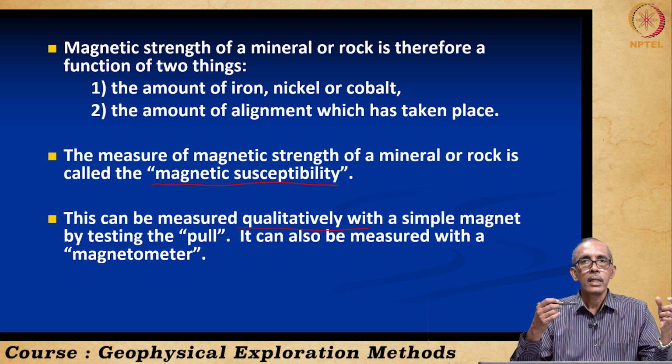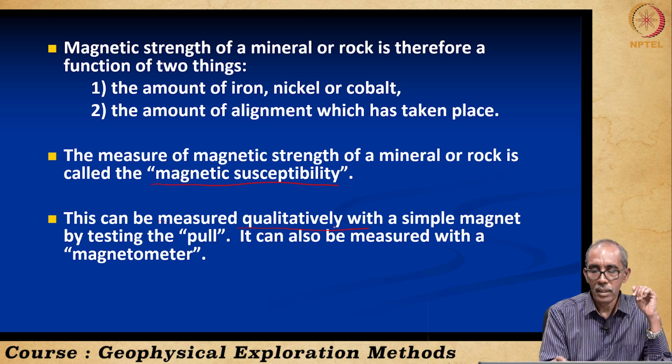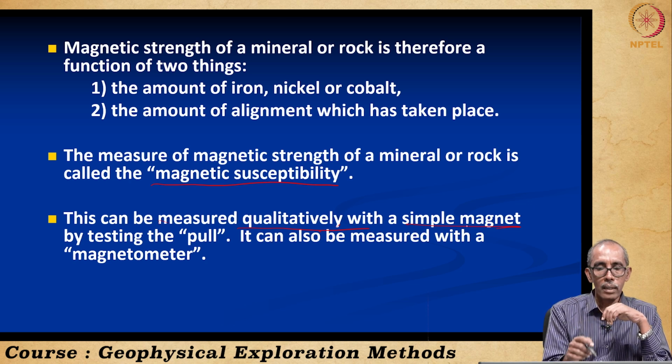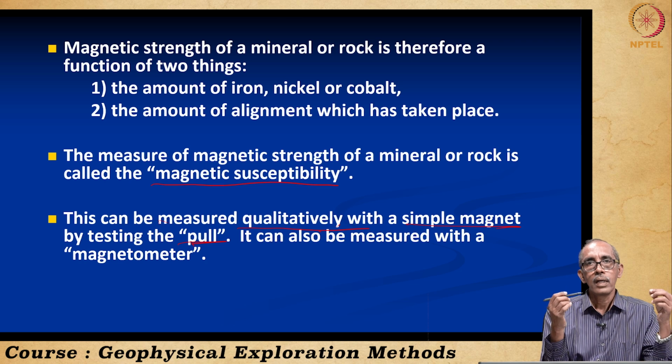If the pin has very little iron, you need to take the magnet very close to the pin to attract it, isn't it? So, that is what susceptibility is. This can be measured qualitatively with a simple magnet, by testing the pull. If the pin quickly gets pulled from a greater distance by the magnet, then it is highly susceptible to magnetism.